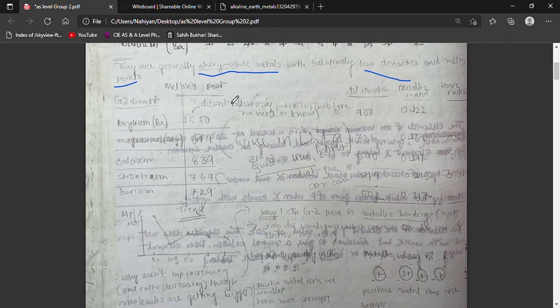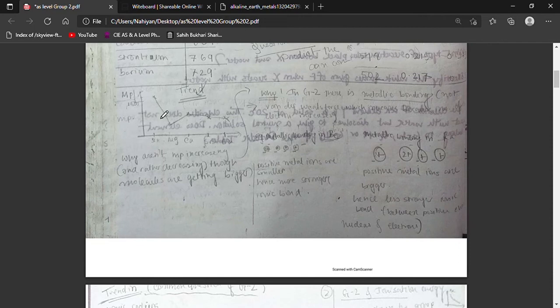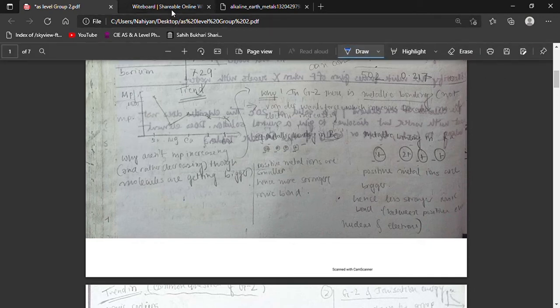What we see is that the melting points don't have any general trend, but they do decrease. We see them decreasing. Now, why is that?